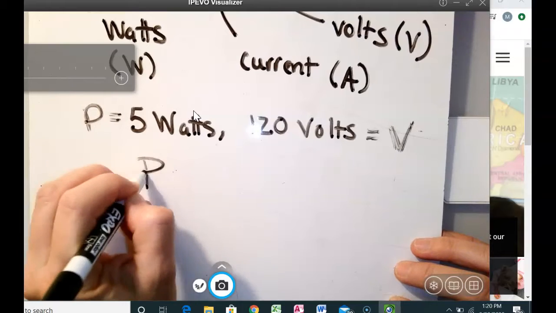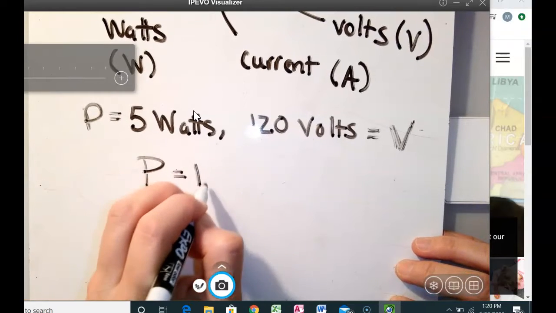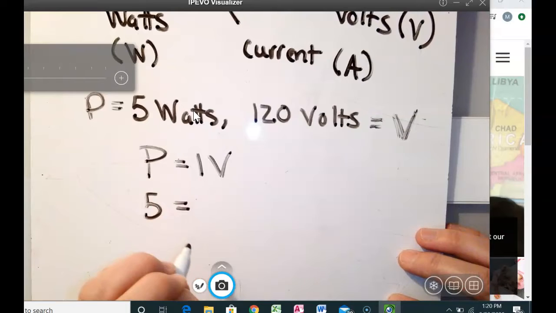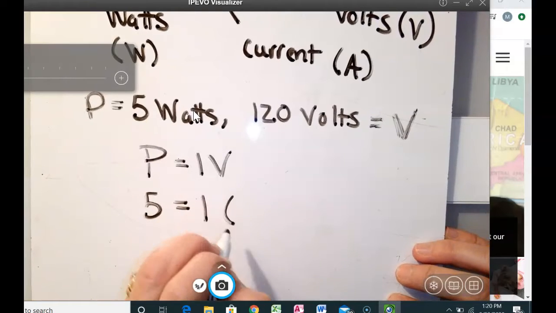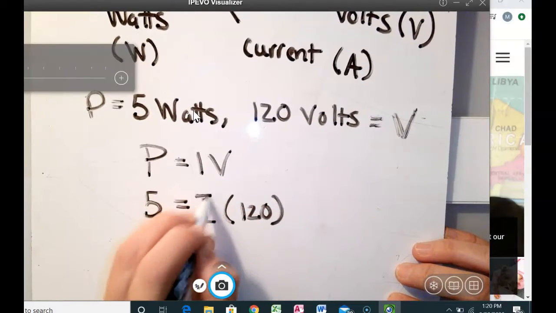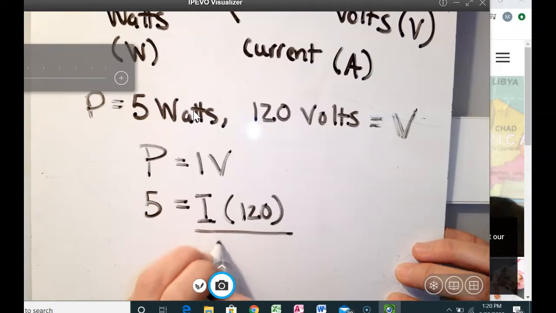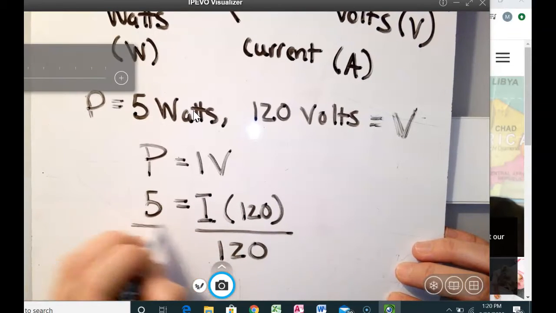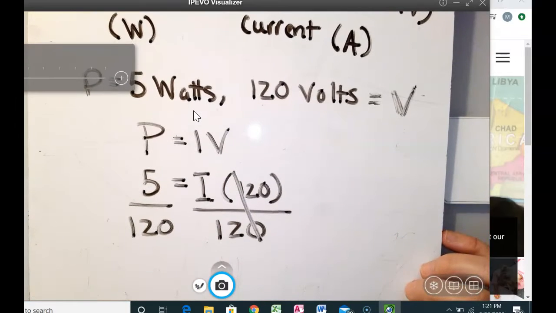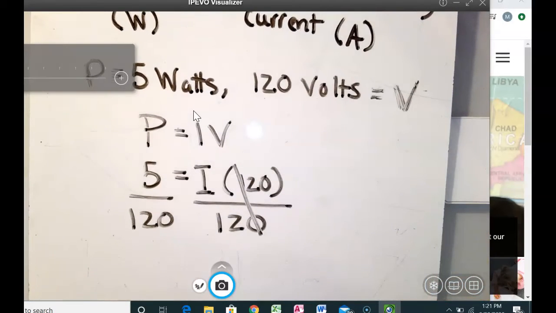So if I have P equals I times V, I really have 5 equals I times 120. This is an I, this is not number 1. So if we divide both sides by 120, we can find out how much current that particular machine uses.